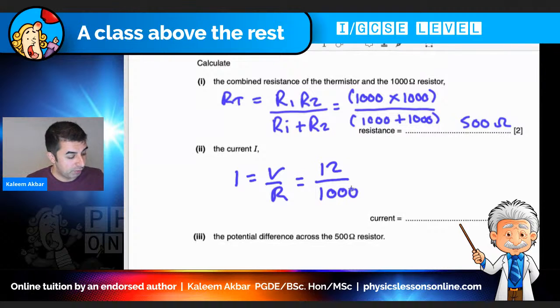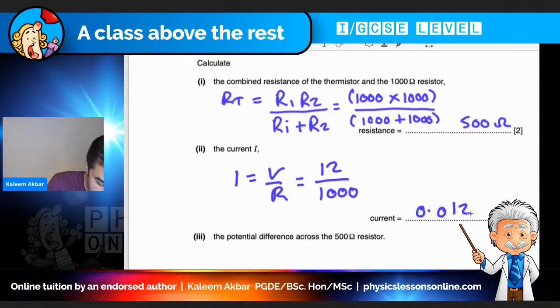So when I do 12 divided by 1000, I get 0.012 amps. Okay, so there is the total current in the circuit, because basically I've got the total voltage, you've got the total resistance, you can find the total current. I actually think that's quite a lot for 1 mark.